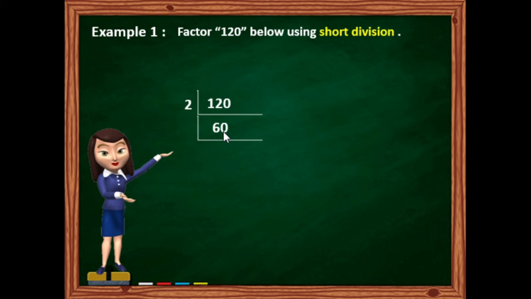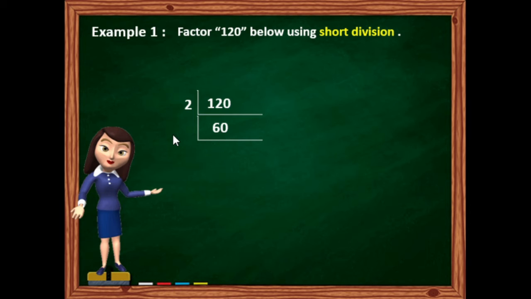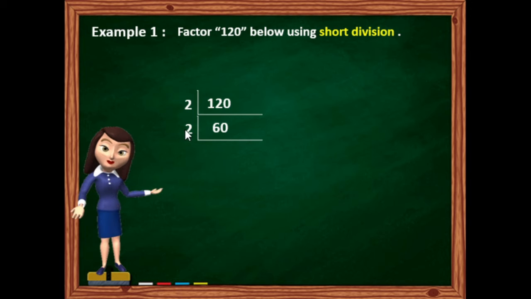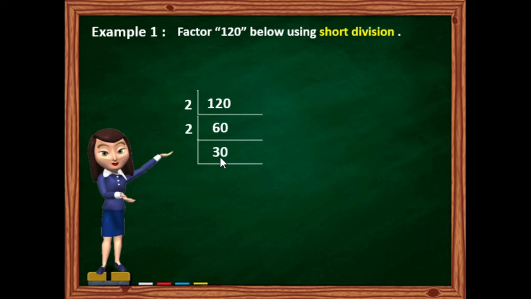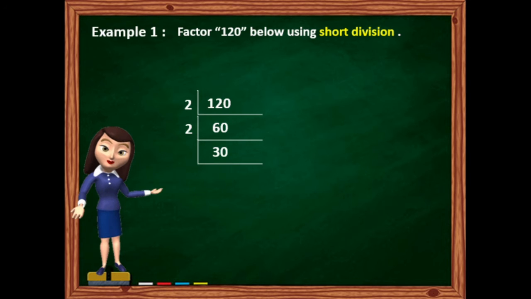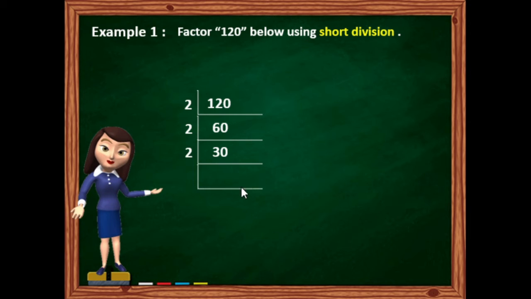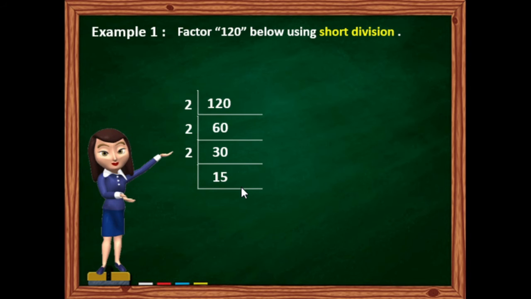Next, what is the number divisible by 60? We can still have 2. 60 divided by 2 equals 30. Great job. Can we still divide 30 by 2? Yes, of course. We can have 30 divided by 2. We get 15.